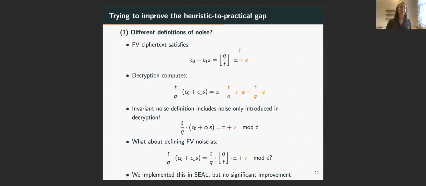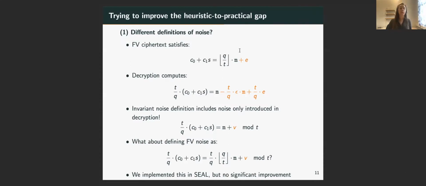So we've tried looking at different definitions of noise. I'm not going to list them all here, but we've tried many different definitions of noise for both FV and BGV. Notably, one of the tweaks we try to make is that, as I've mentioned before, in FV, we have this division and rounding, or rather division and floor operation, which introduces an error, and that error is factored in the heuristic noise estimation.